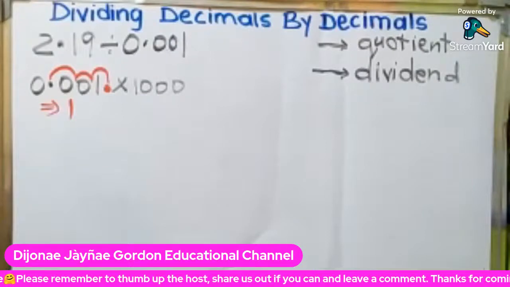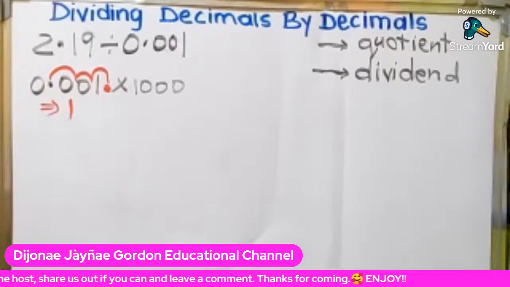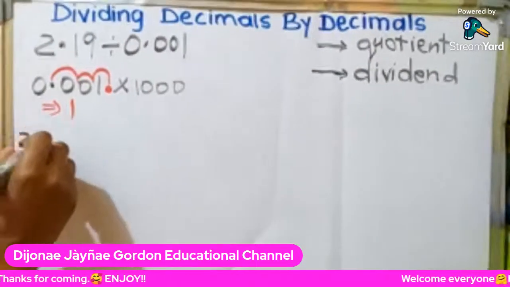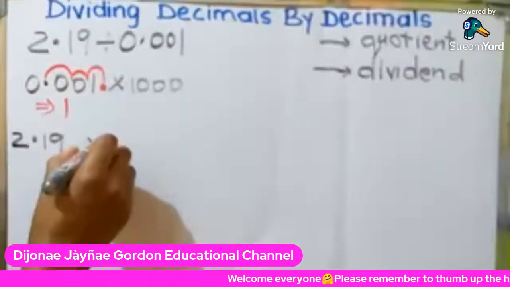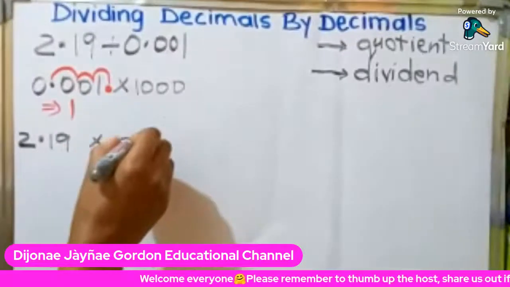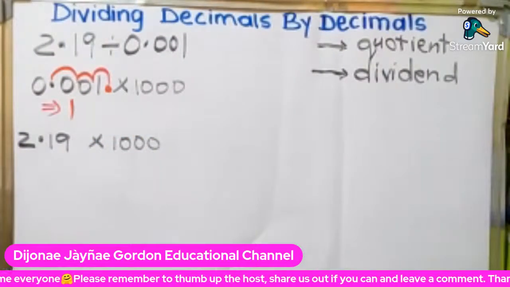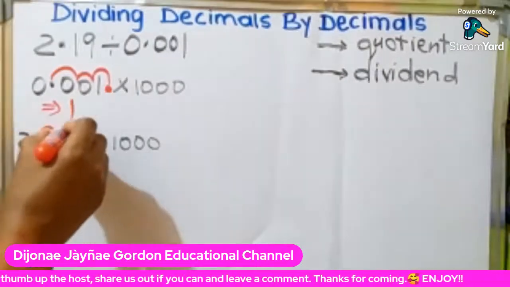So the next thing is that we are going to do the same thing to our dividend. We're going to multiply our dividend by 1000 as well. So we're going to write it down, 2.19 multiplied by 1000. So we are going to move 3 places to our right. 1, 2, 3.